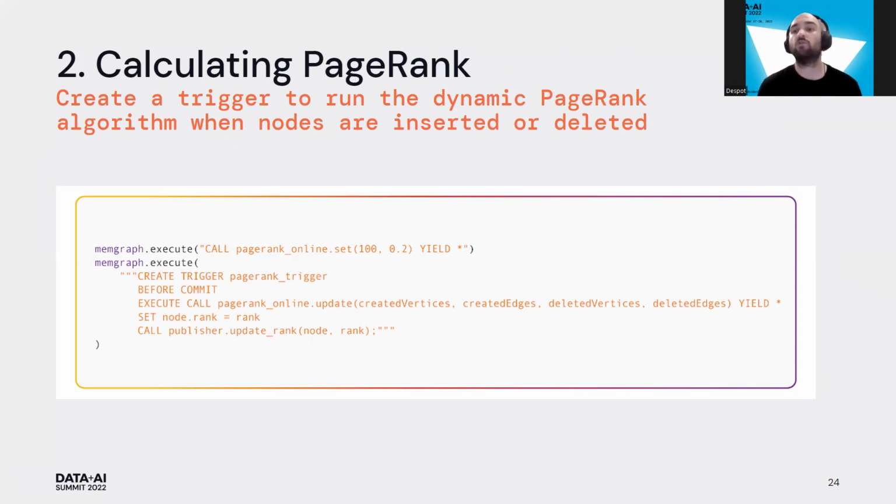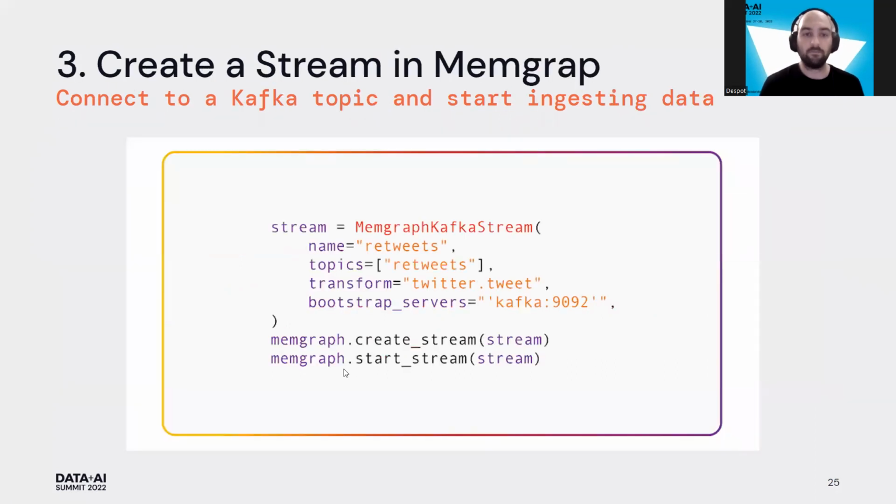The same goes for the community detection algorithm. We create a trigger, and we again call publisher.justUpdateCommunity in order to send the updated cluster to a Kafka topic.